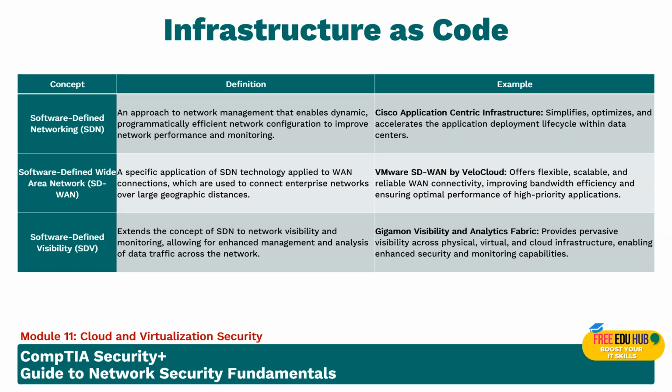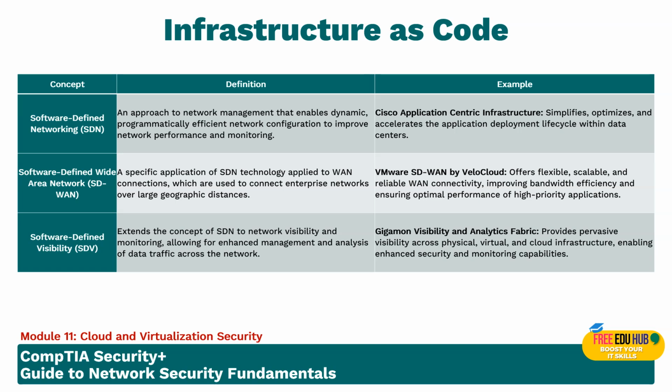It offers flexibility, scalability, and reliable WAN connections by improving the bandwidth efficiency and ensuring optimum performance for high priority applications. So we can say SD-WAN is an extension of SDN that applies these principles to the wide area network. An SD-WAN solution transforms the organization's connectivity approach across different locations such as branch offices and data centers to improve the network efficiency and performance.